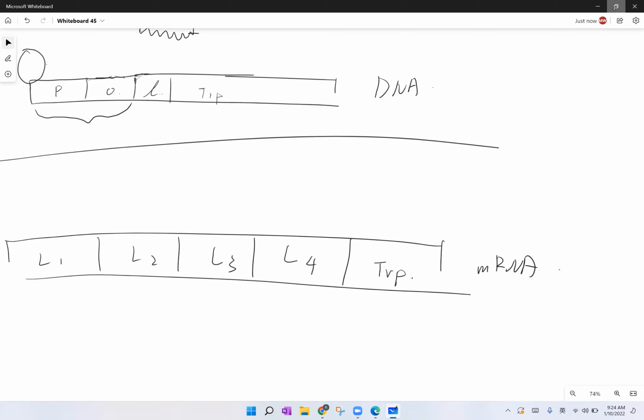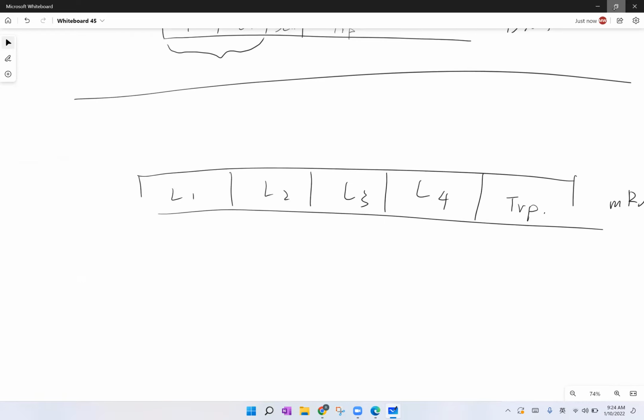So in our leader 1 sequence, for example, let's say it's just UCC. You may have 2 consecutive codons, UCC, that encode for your tryptophan. That means 2 tryptophans are needed to form the polypeptide sequence here.